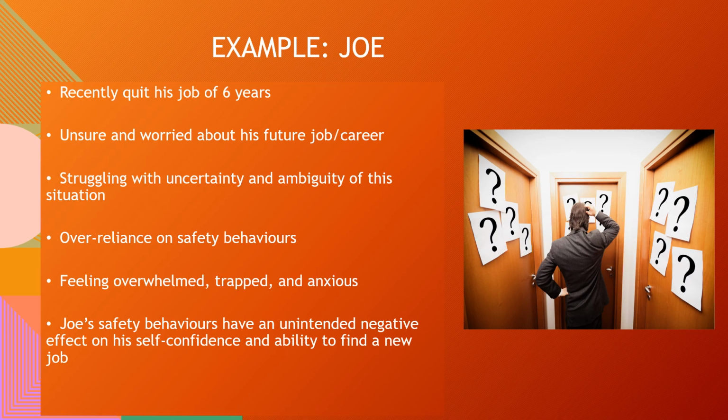It may also lower his openness to new experiences, such as applying for a job opportunity that he might not be thoroughly familiar with. By helping Joe reduce his need for predictability and learning to be more tolerant of uncertainty, he could, working with him, collaboratively reduce the intensity of his anxiety and stress.